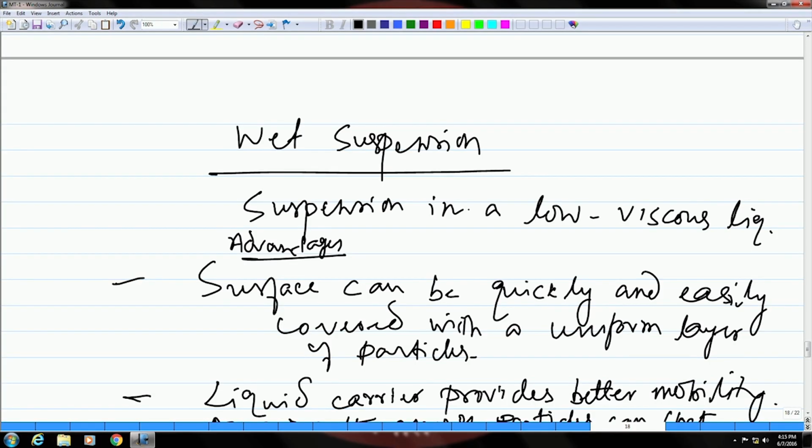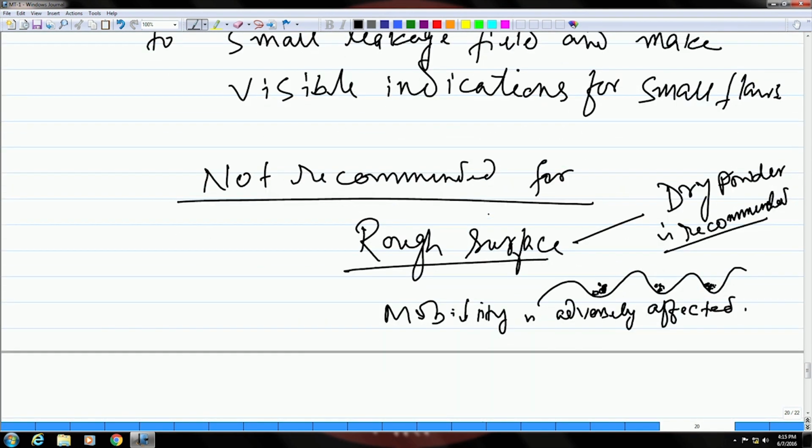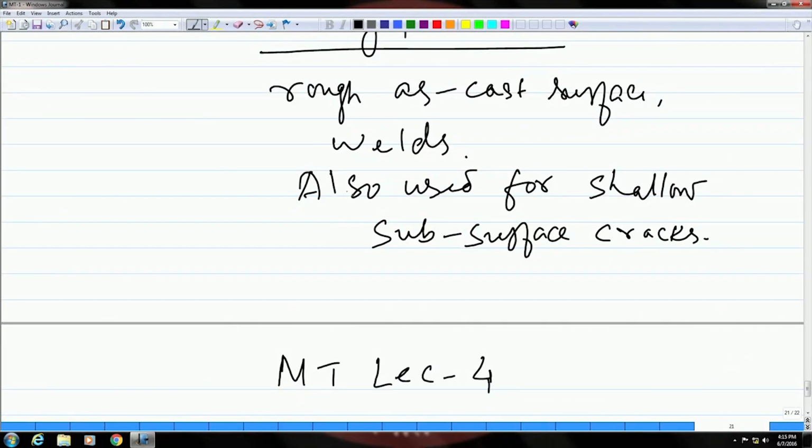This wet suspension has certain advantages over the dry powder, but in cases where the wet suspension cannot be used, like a rough surface, a dry powder is recommended. The dry powder is also useful for detecting shallow subsurface cracks. Apart from surface cracks, it can also be used for some subsurface inspection.